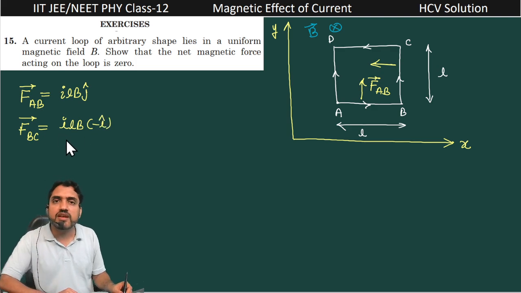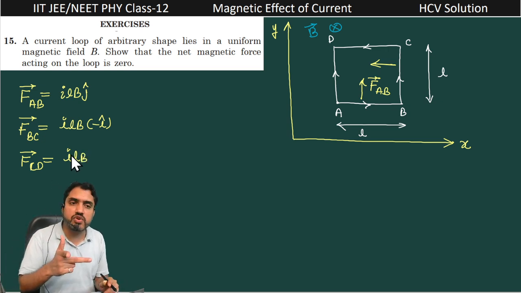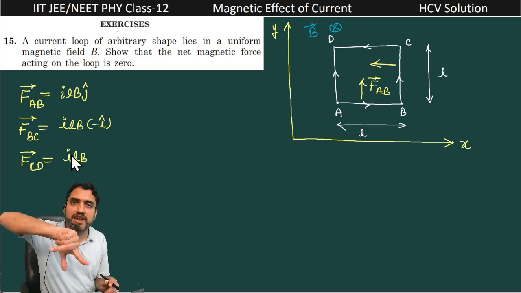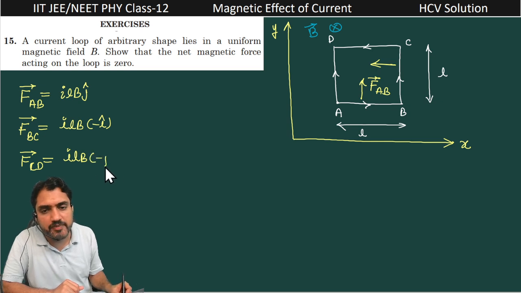Same as this, for the force on CD: current I, length L, magnetic field B. By Fleming's left hand rule, this is the direction of current and this is the magnetic field. The force will be in the downward direction, meaning minus J cap.